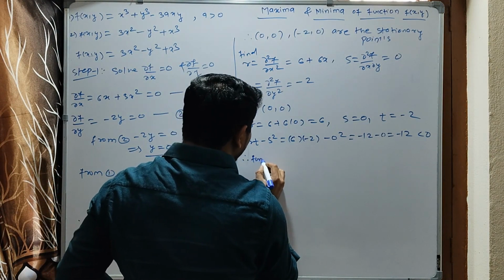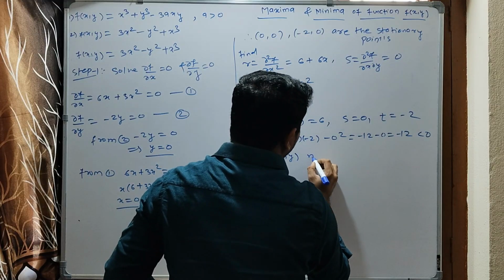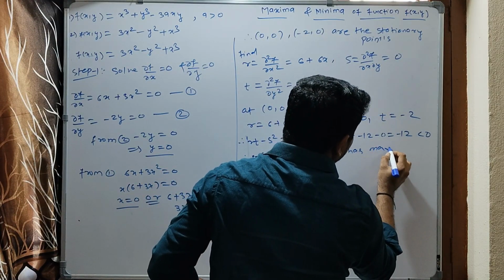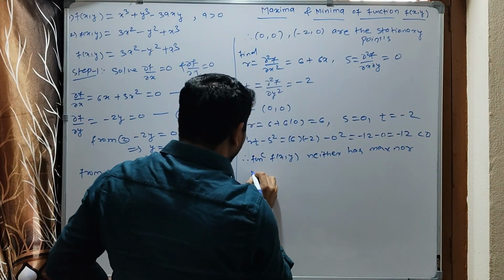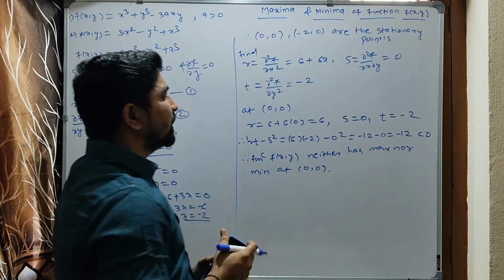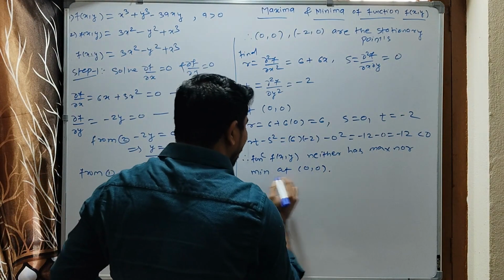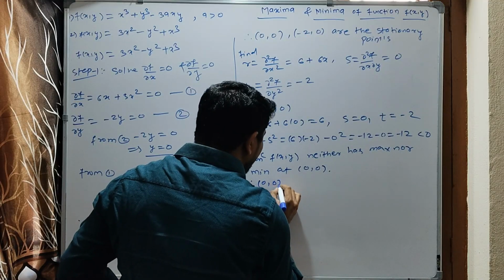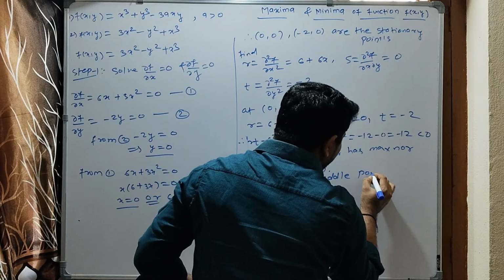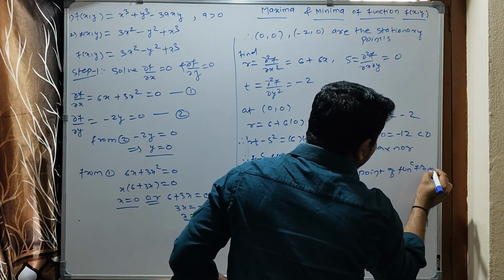Therefore function f of x comma y neither has maxima nor minima at 0 comma 0. So this critical point becomes a stationary point. Therefore 0 comma 0 is a saddle point of function f of x comma y.